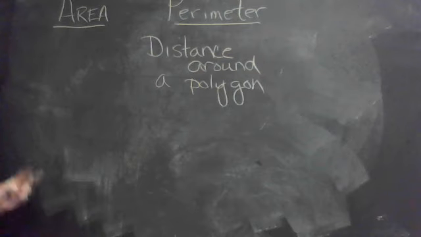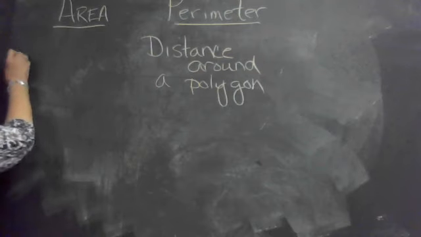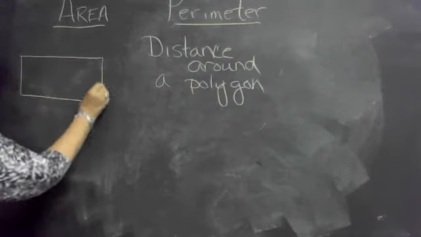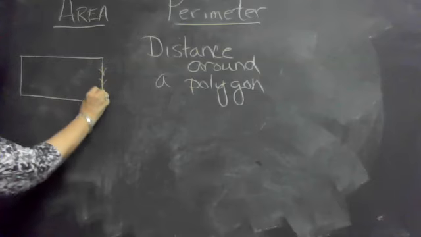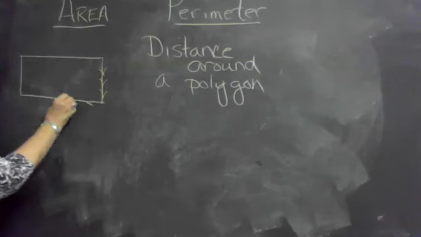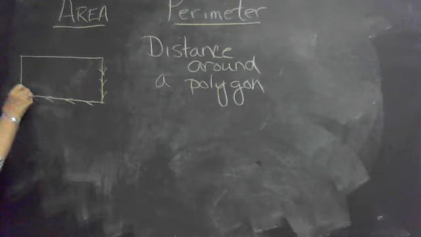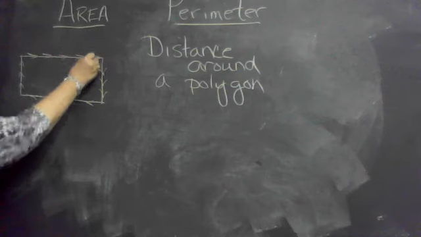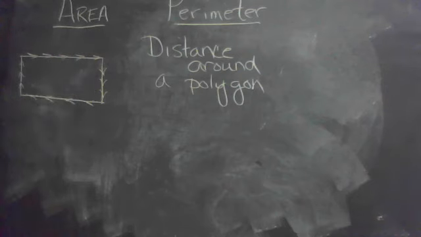Okay, area is two-dimensional. So if we have a rectangle, this part is the perimeter that comes around like that. That's the perimeter.